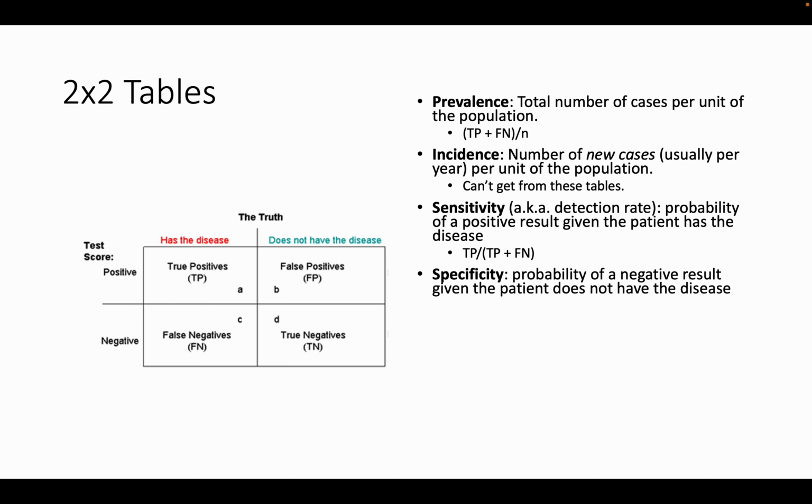Specificity is very similar. It's just kind of on the opposite side of the table. Probability of a negative result given that the patient does not have the disease. Take a second to think about it. That's exactly right. It's the true negatives divided by the false positives plus the true negatives. Because if we're given that the patient does not have the disease, they can only be a false positive or a true negative.